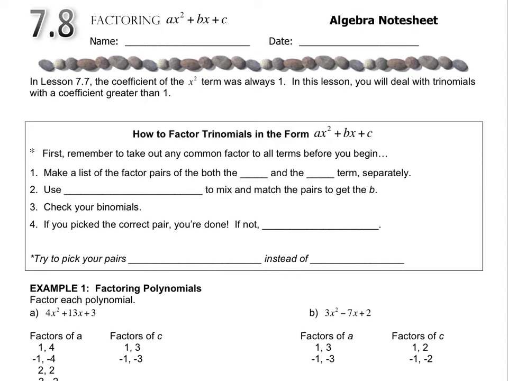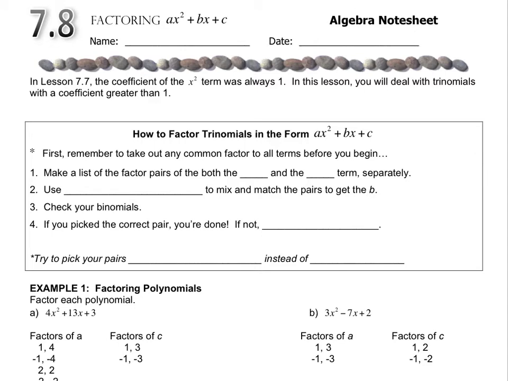So first, we're going to go through the steps, how to factor trinomials in the form ax squared plus bx plus c. First, remember, the very first thing we do is take out any common factor of all the terms before we begin. Next, we're going to make a list of those same factor pairs.